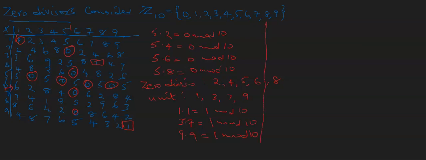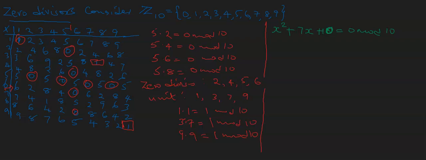Now, for example, consider the polynomial x squared plus 7x plus 10. We want to solve it mod 10. x squared plus 7x plus 10 is equal to 0 mod 10.